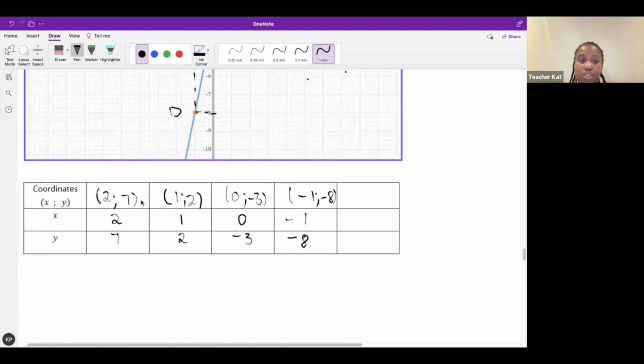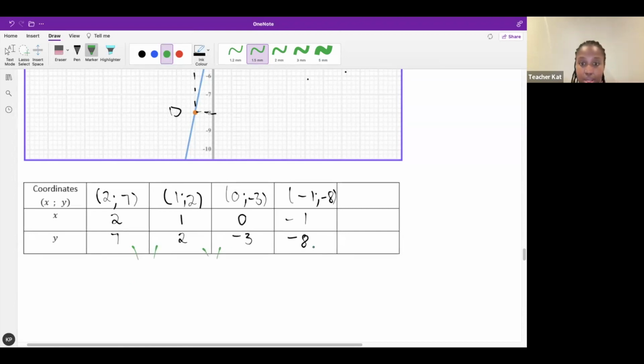Okay, we're going to start here next time, but quickly, I want you guys to tell me, what do we notice about the outputs here? Because it said we must find the equation of this graph. So we're moving all the way up to the algebraic equation. What do we notice about these outputs? 7, 2, -3, -8. What's happening there? How did I get from 7 to 2?